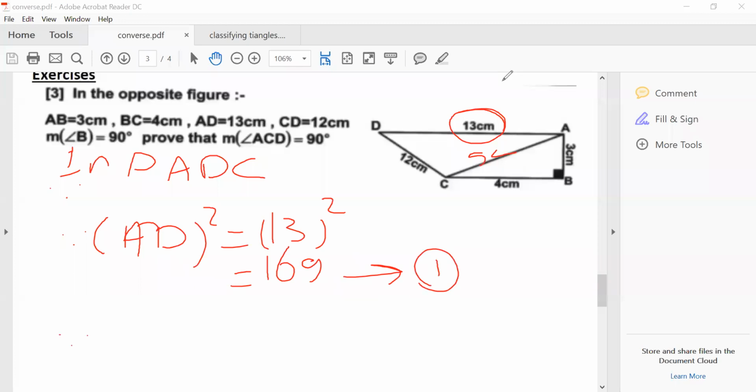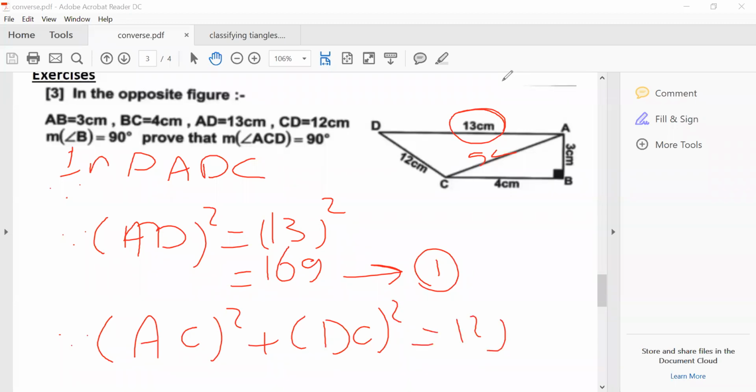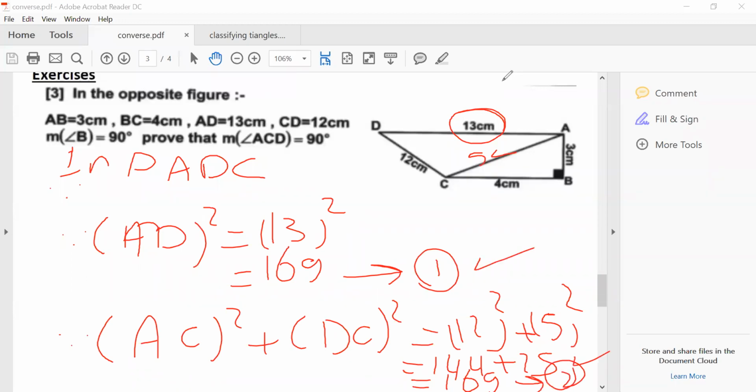And then the sum of the other 2 sides square equals 12 square plus 5 square, 144 plus 25, equals also 169. And this is number 2. From 1 and 2, AD square equals AC square plus DC square. Therefore angle ACD is a right angle because it is opposite to the longest side.